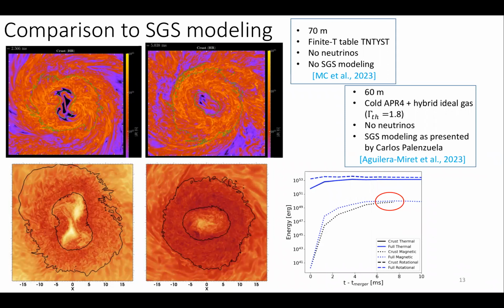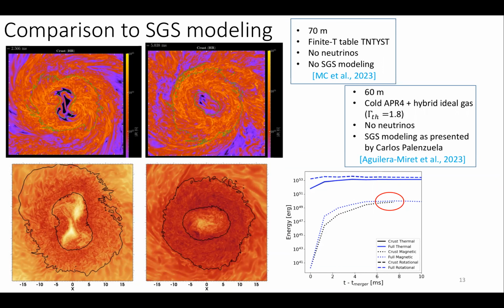And if you look a little bit into the simulation and compare it at roughly equal time snapshots, what you see is that, first of all, the density contours are comparable. The outer contour should be at the same density, while the inner contour of Aguilera Miret's work should be somewhat extended at a lower density compared to ours.